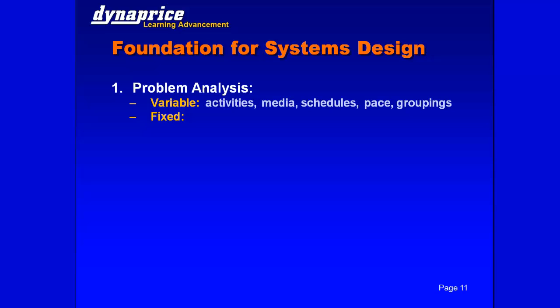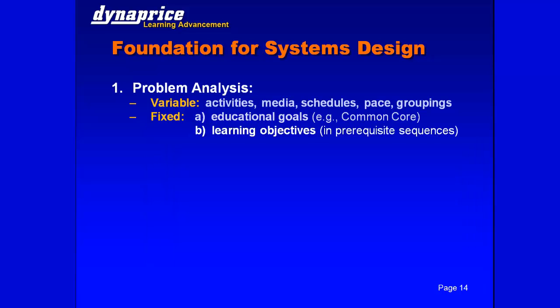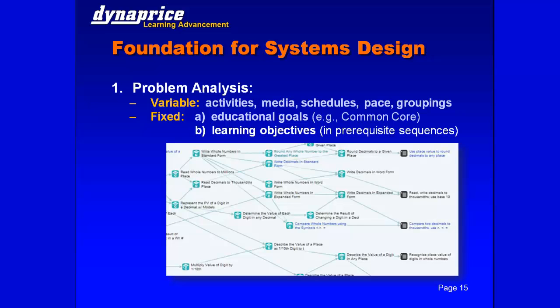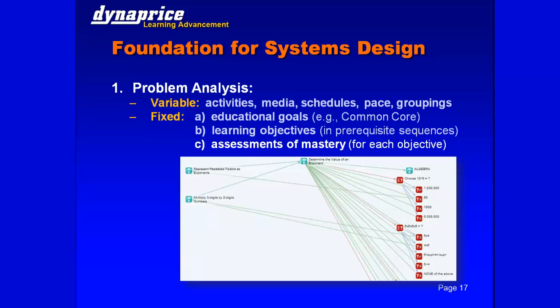Others are relatively fixed, namely the education goals, such as those in the Common Core, the learning objectives prerequisite to reaching them, best visualized as a flowchart, and the assessments measuring mastery of each objective, with right and wrong answers feeding back to targeted learning objectives.